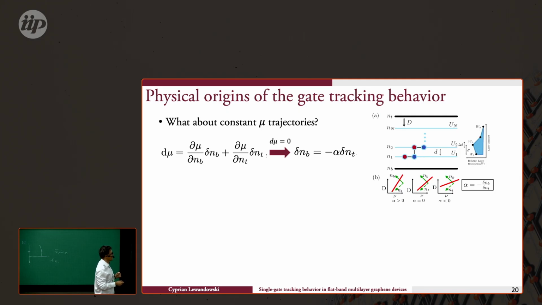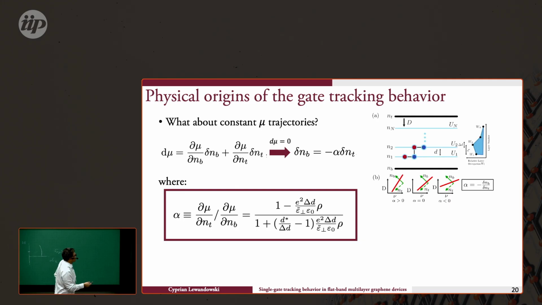Right, in this case I am perfectly tracking the top gate, and if my alpha is negative, then we will go like this. So the physical picture, as you are going to see, is that if I have a surface cetate which is localized on this layer, and I have a rest of the cetates which are somewhere in the bulk, or maybe not as localized in the top layer, then the rest of the cetates can screen the top gate. Okay.